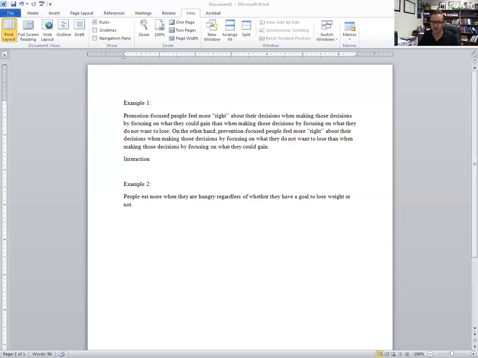That's where I get not hungry versus hungry. The other IV I got because of the latter part of the statement, whether they have a goal to lose weight or not. All right, so right there we have our two conditions, goal to lose weight or not. So no goal, goal, no goal.